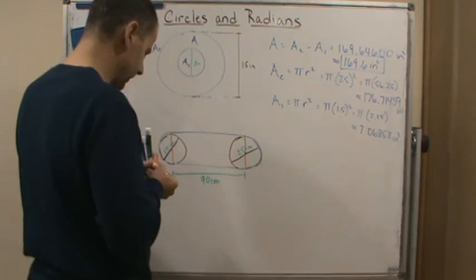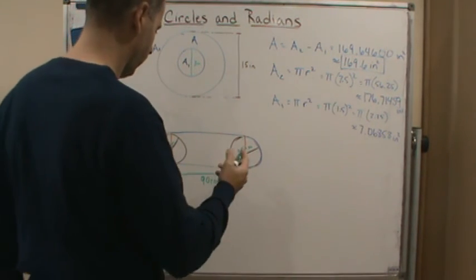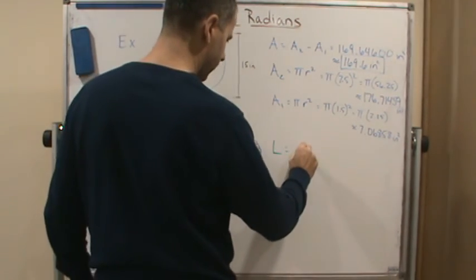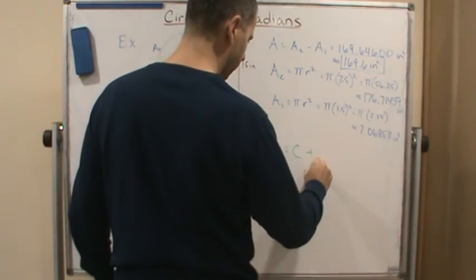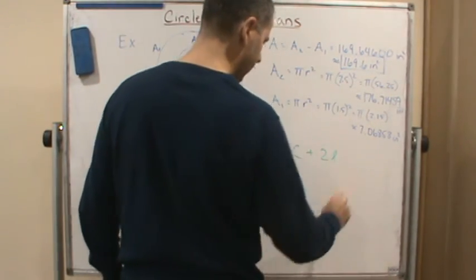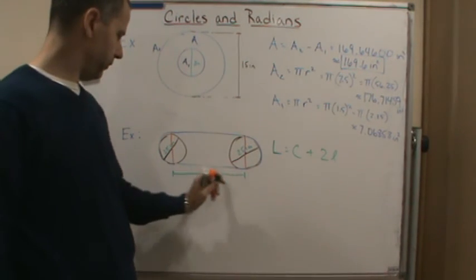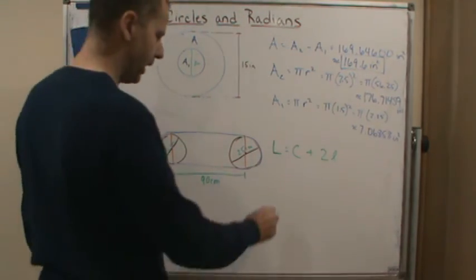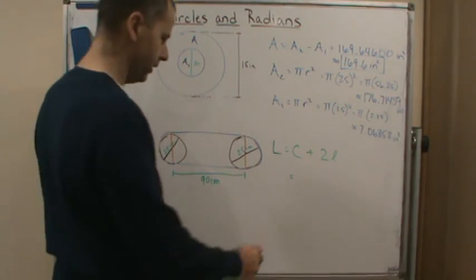So if we want to find the length of the bandsaw, it's going to equal the circumference of a circle plus twice the length of the rectangle between them. Okay, so now what happens? Well, the circumference of the circle is going to be what?